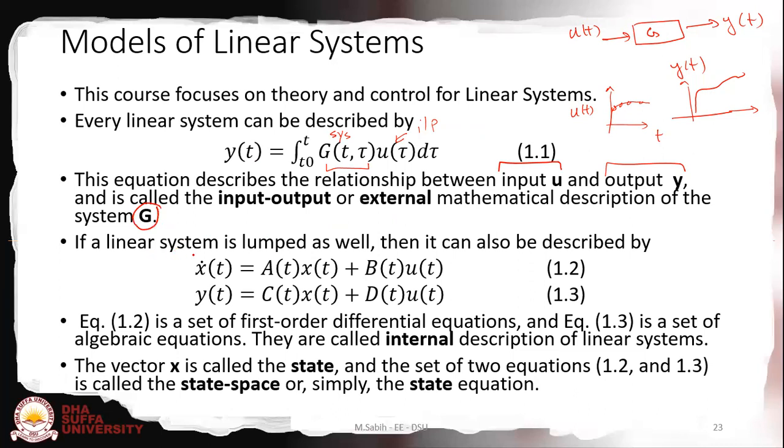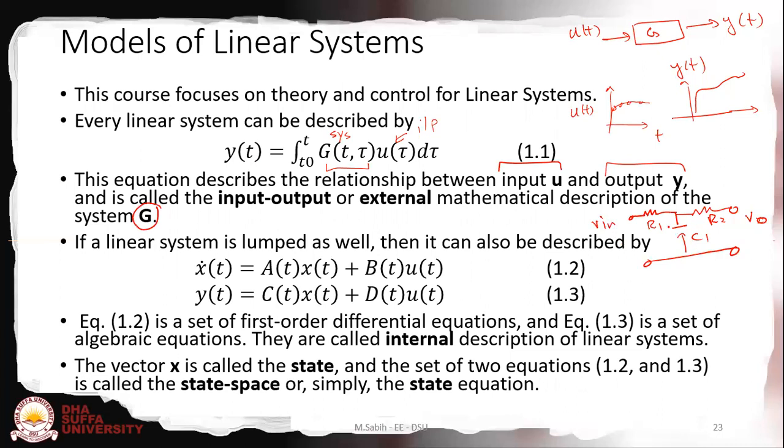Luckily, if we have a lumped system, lumped means, like the one I drew, the system can be represented by a finite number of internal components, let's say C1, with V in and V out.